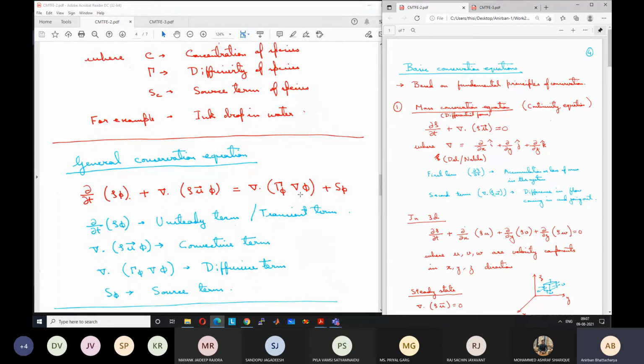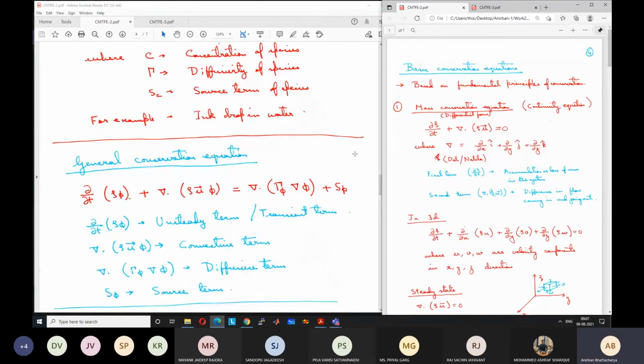If some flow is coming in or is being generated at any position, say if I solve a 2D problem and from the third direction some flow is coming in, that also can be accounted for as a source term, which can be put here.